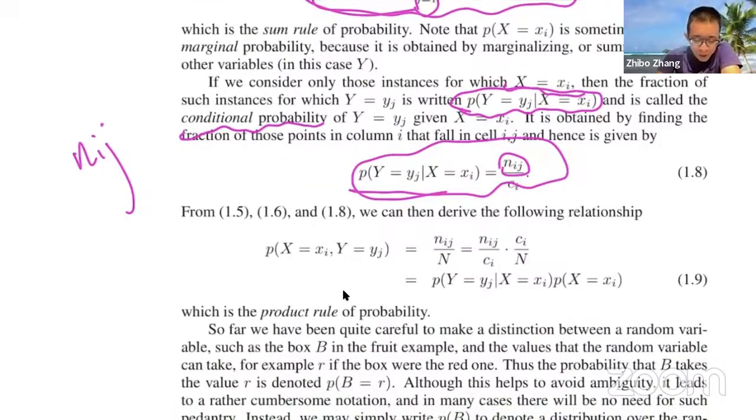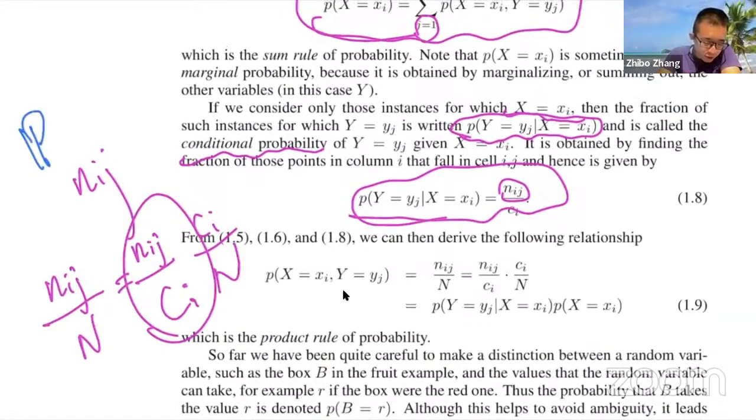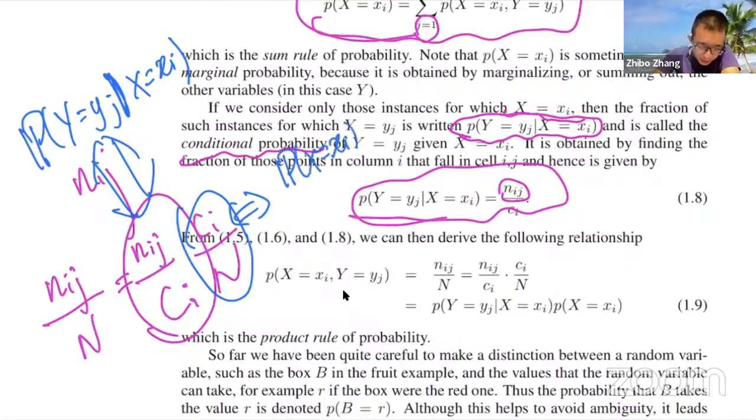We can then derive the following relationship: nij divided by N is equal to nij divided by ci, multiplied by ci divided by N. This first part is the conditional probability of y equals yj given x equals xi, and this second part is the probability that x equals xi.